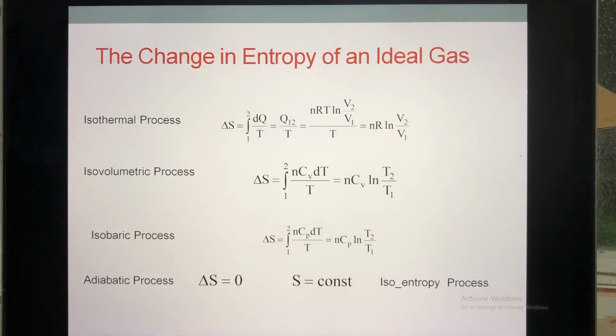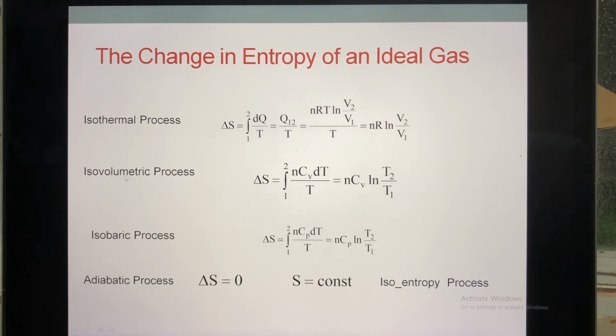And here it is in detail. If you have an isothermal process, you calculate the entropy by this formula. Remember the heat from the video about the first law of thermodynamics: because it is an isothermal process, the temperature is always constant, so you get the heat divided by temperature like this.